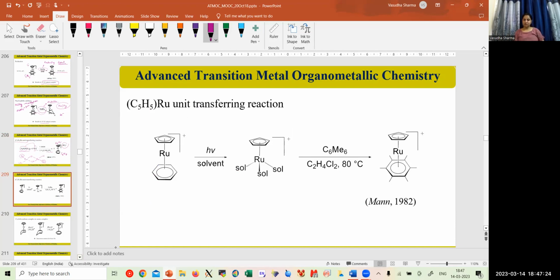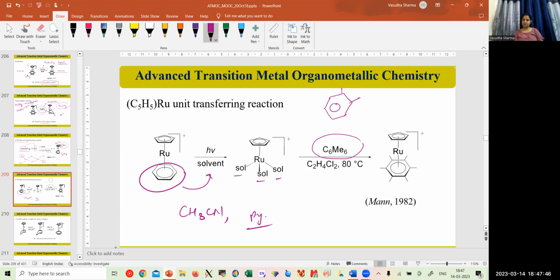In presence of solvent and photocatalytically, all the arenes will get exchanged by the solvent. For example, if you take CH3CN or pyridine, because it is happening photocatalytically or thermally also. And then when we have C6Me6, which is nothing but your methyl substituted benzene ring.